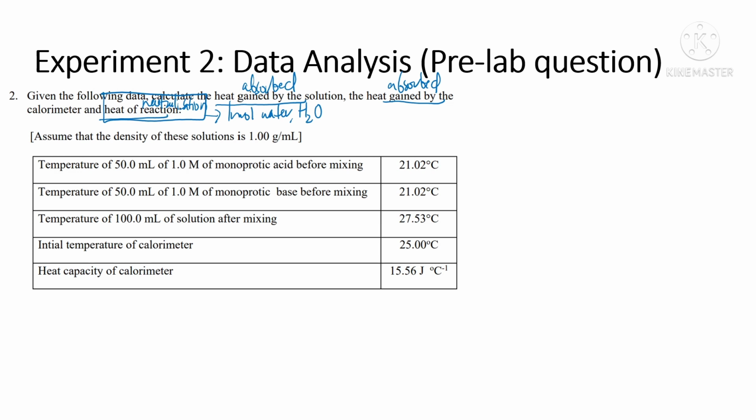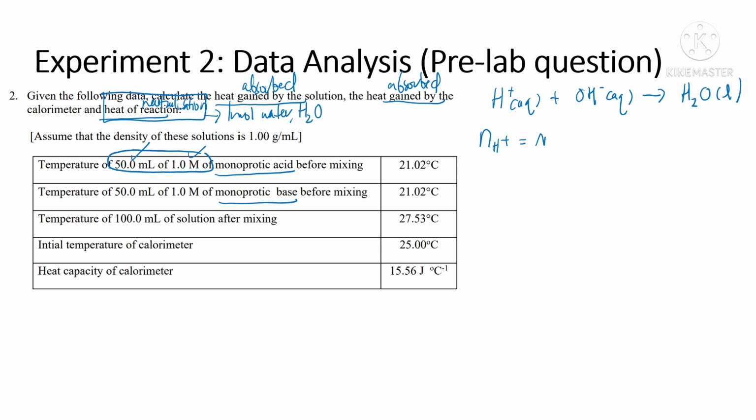So in this reaction, monoprotic acid reacts with monoprotic base, which supposedly produces 1 mole of water. However, in this reaction, we are only using 50 ml of monoprotic acid with a molarity of 1 molar.